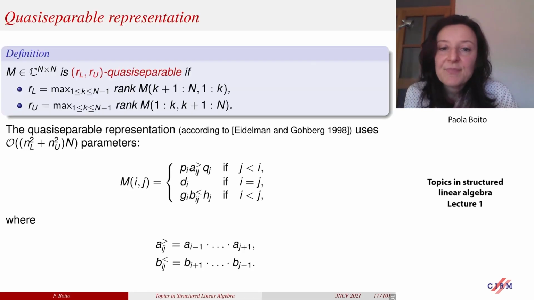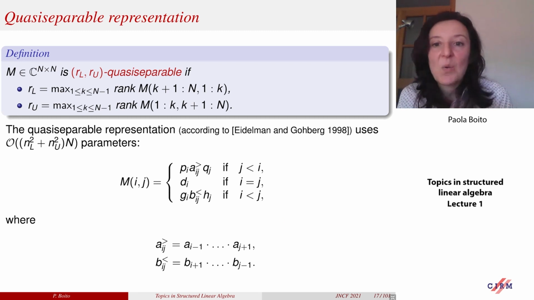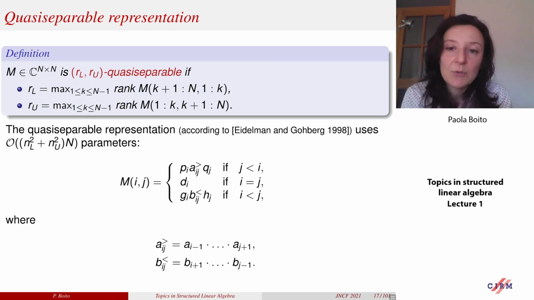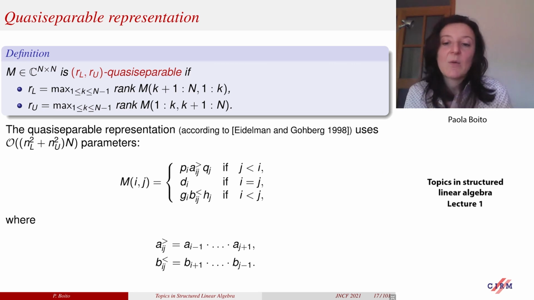Okay, so back to our quasi-separable matrices. In fact, the representation I'd like to use perhaps more in this presentation is a so-called quasi-separable generator representation, which works in the following way. The one I'm going to present was introduced in 1998 by Eidelman and Gohberg.